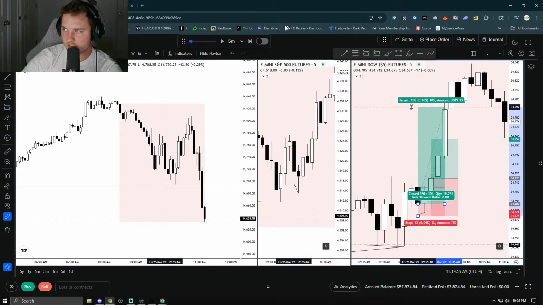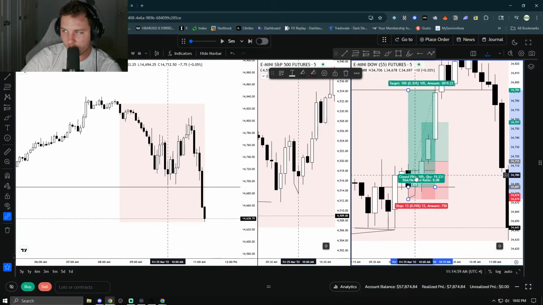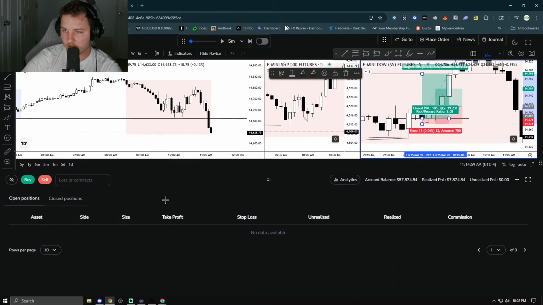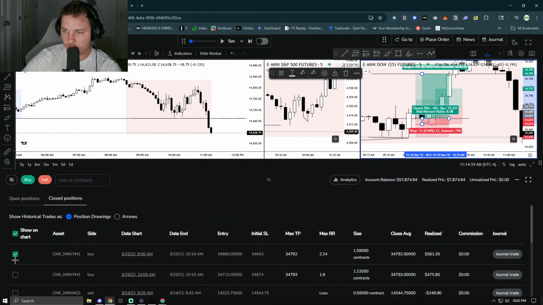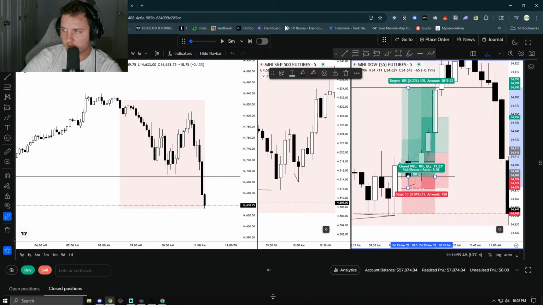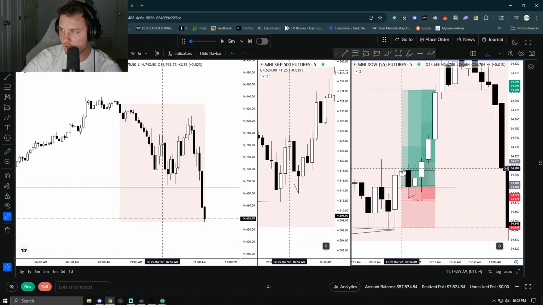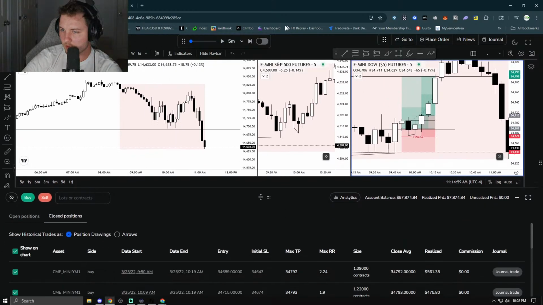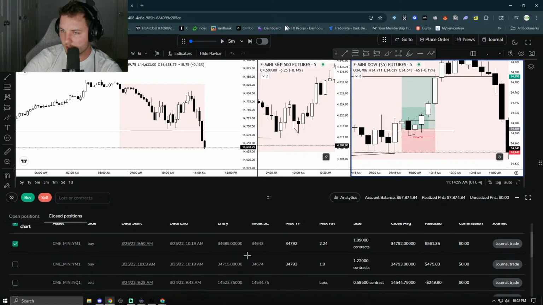So now this was technically, if I lost, an 8R trade because I was risking. How much did I make on this one? Which one was it? Hold on. Okay. So I was risking like what, 200?